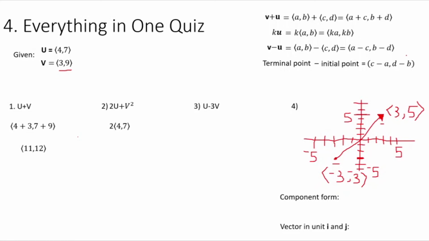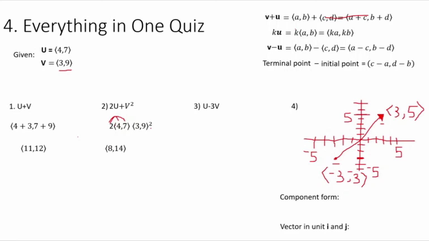For number 2, you will have 2u, which was again given, so 2 and the 4. Then you would distribute the 2 to each side here, and then you will square the 3 and square the 9.